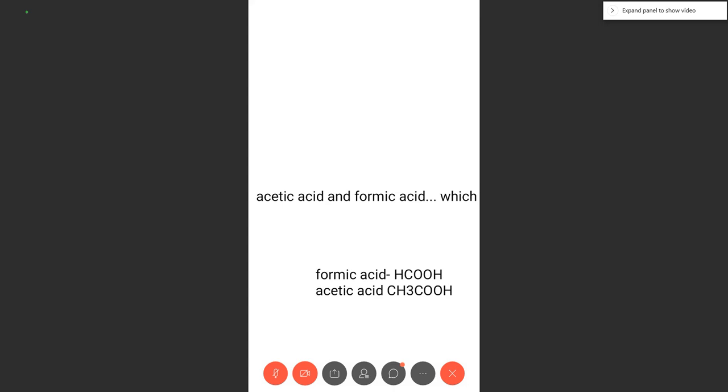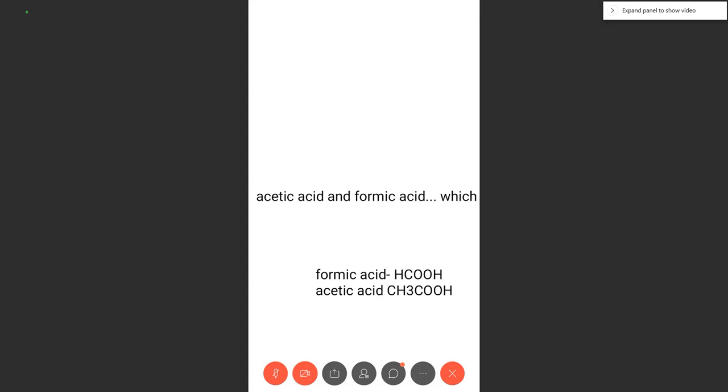So what happens when we get the carboxylate ion, whether it is formic acid or acetic acid, the H is directly attached to the COOH group, so it does not have the character of an alkyl group. That is why the COO minus charge is stabilized more, and it is a stronger acid than acetic acid.